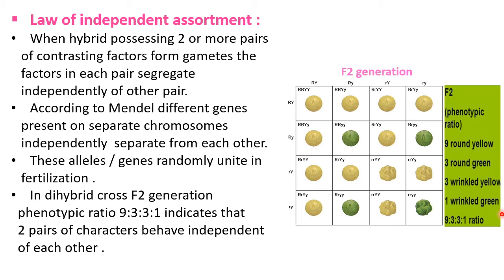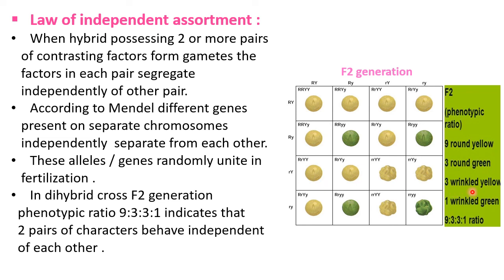Now here we clearly see that round shape is not always associated with yellow color, but the genes or alleles for round shape combine with green color and form a new combination, that is, round green seeded varieties were produced. Then we see that green color was associated with wrinkled seed shape, but here we see a new combination, that is, wrinkled yellow seeds were produced.